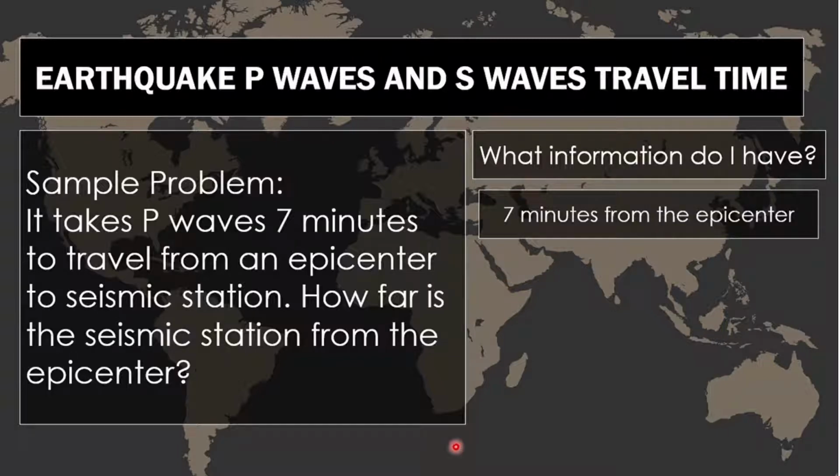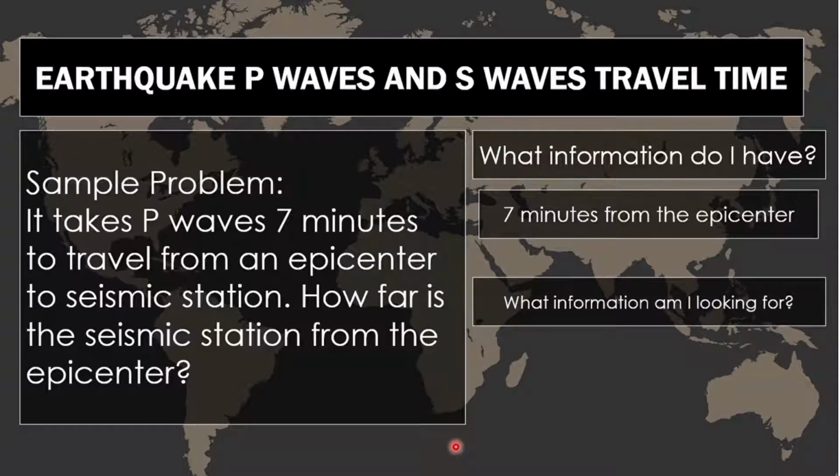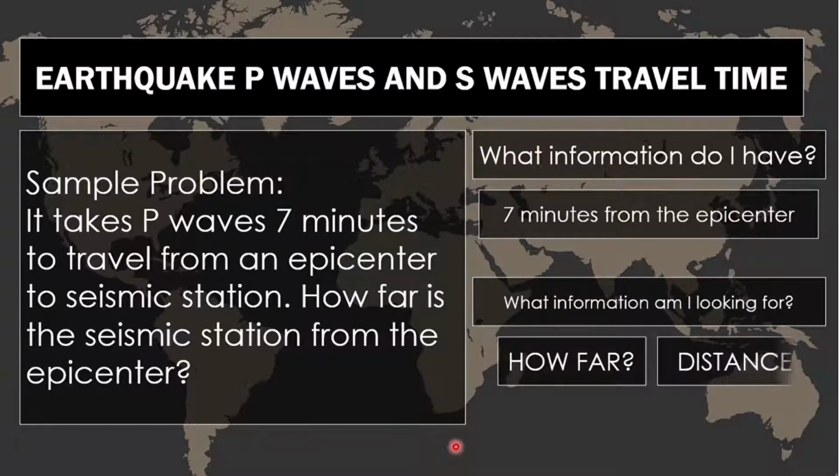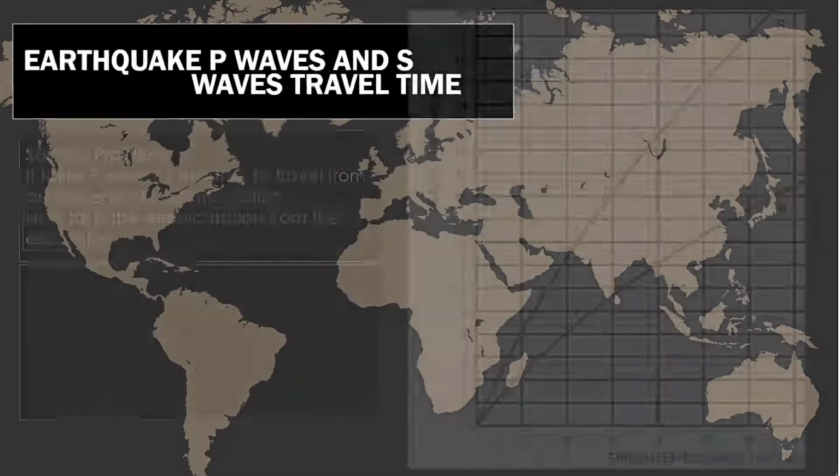Second question. What information am I looking for? The question is, how far is the seismic station from the epicenter? The key term is, how far? Therefore, we are looking for distance.